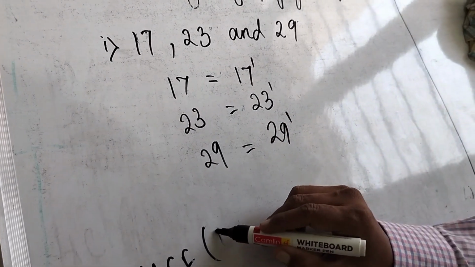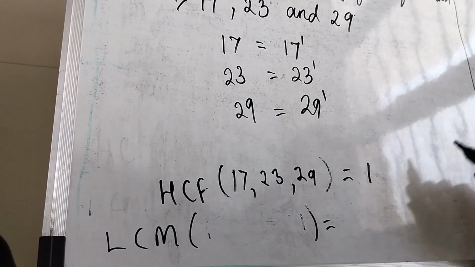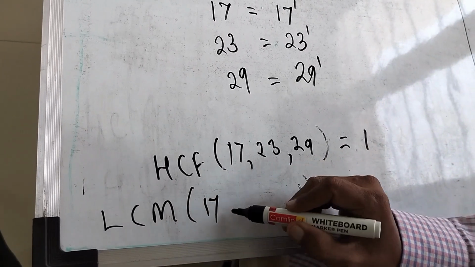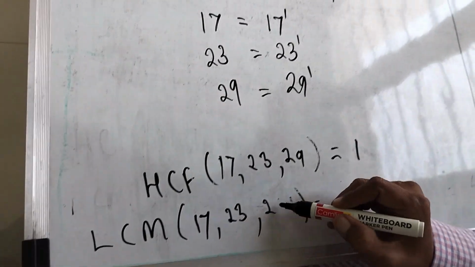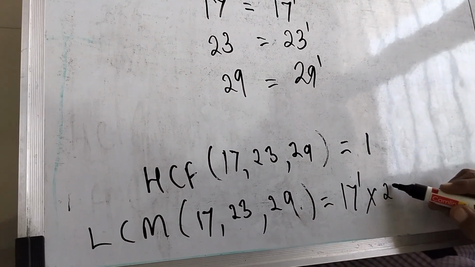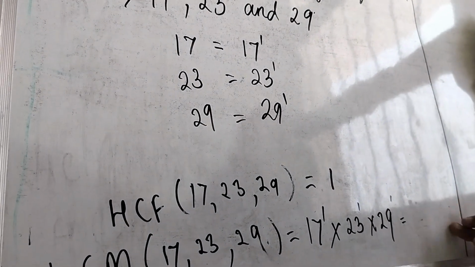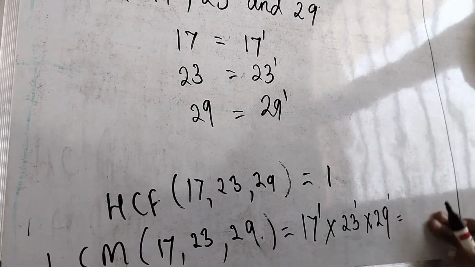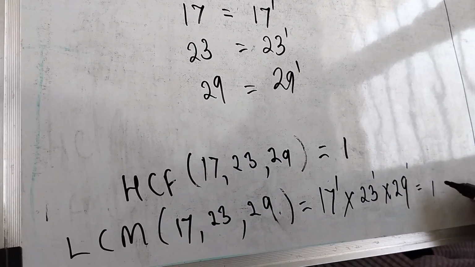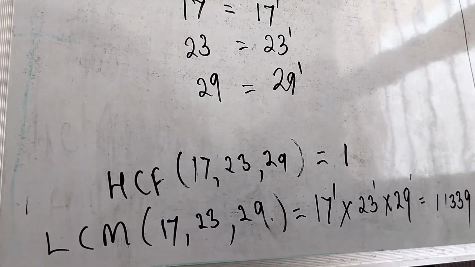Now the HCF for 17, 23 and 29 will be what? 1, because there is no common factor; 1 is the only common factor over here. The LCM of 17, 23, 29 is the multiplication of these factors, 17 raised to 1, 23 raised to 1 and 29 raised to 1. These are all prime factors themselves, so there are no common factors, and the multiplication of these will be 11339. Understood?